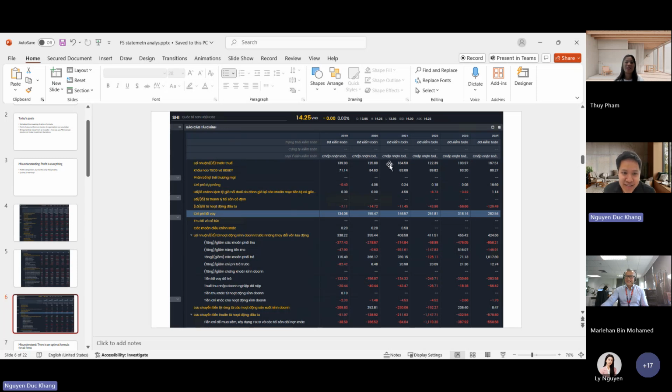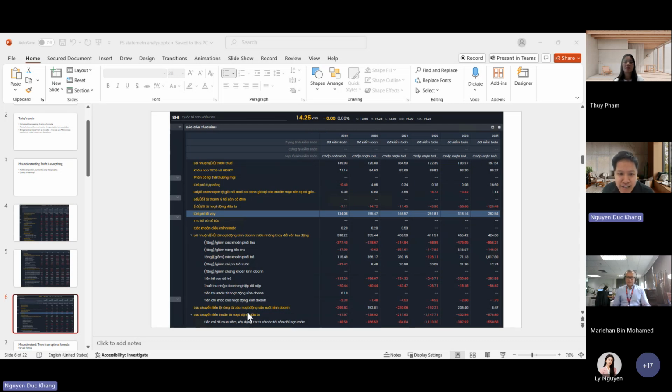So this one, you can see it's a cash flow from operation statement. The first yellow line is the profit before tax. It's clearly seen that they have quite steady profit, at least 100 something billion each year.